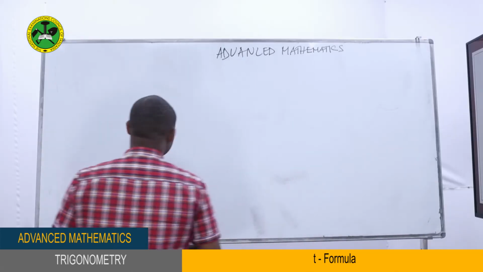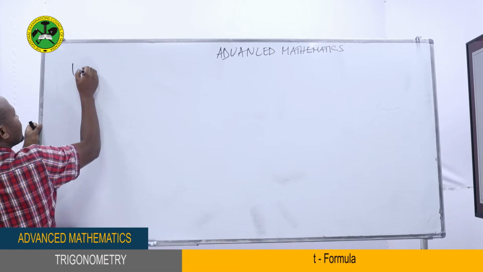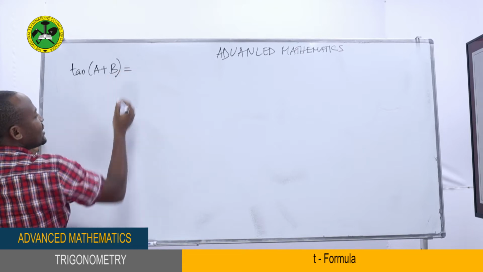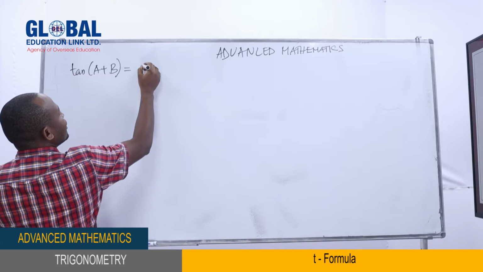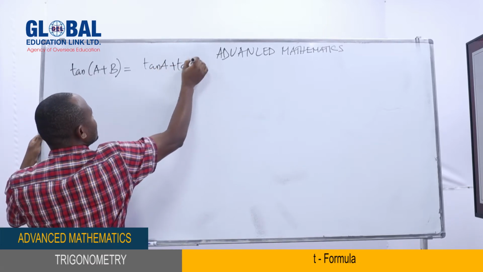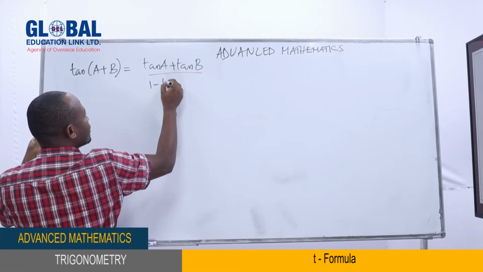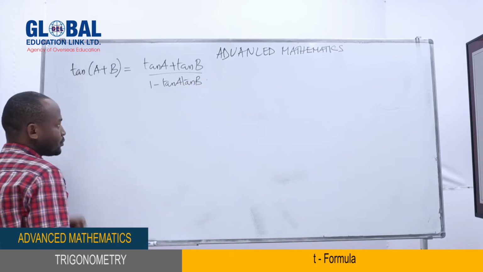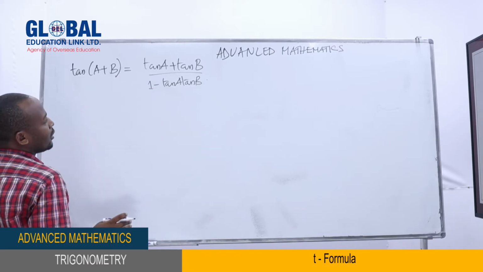Now, my dear students, suppose we have tan of A plus B. We know, as we discussed in a previous lesson, that this will be tan A plus tan B over 1 minus tan A tan B. So this is how this can be found.